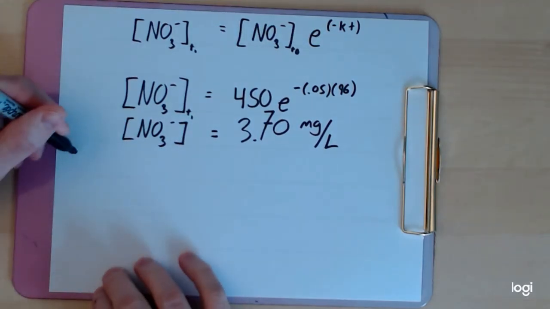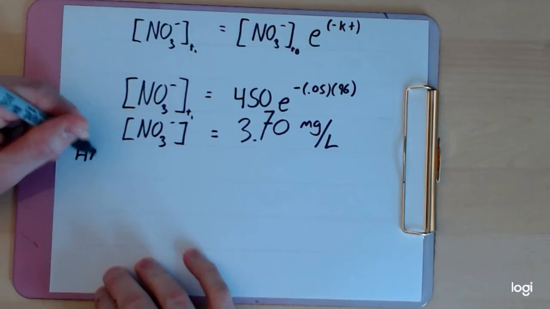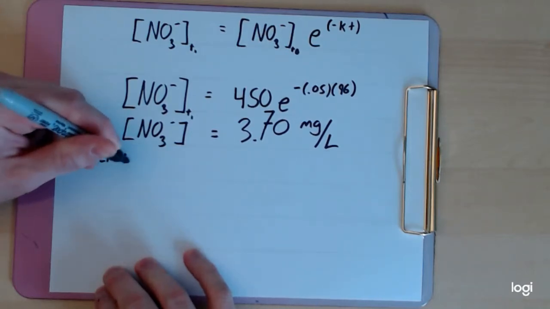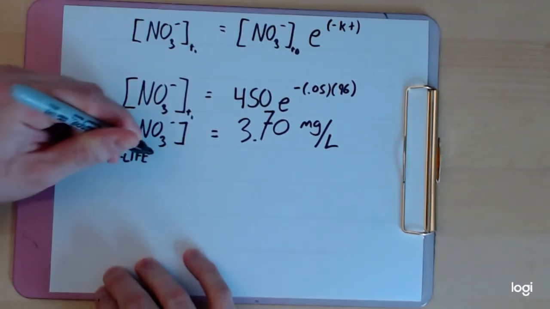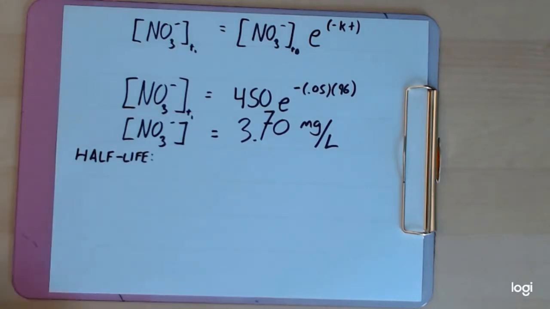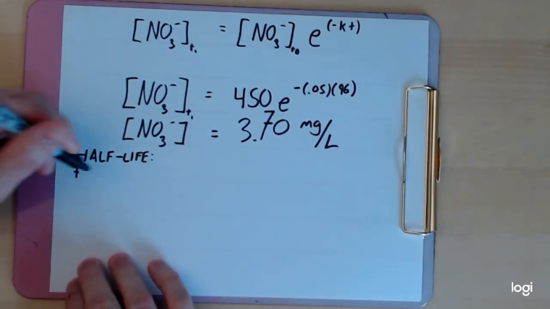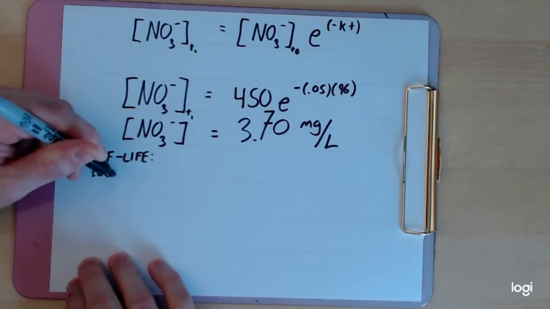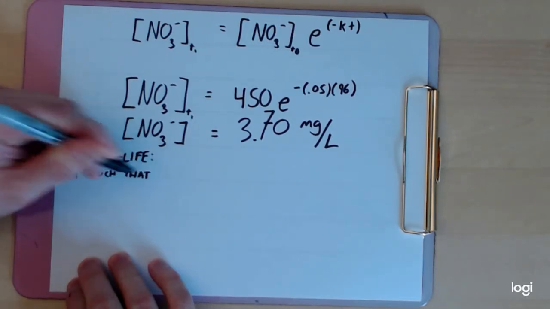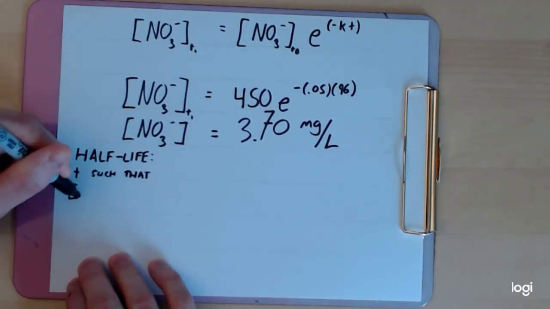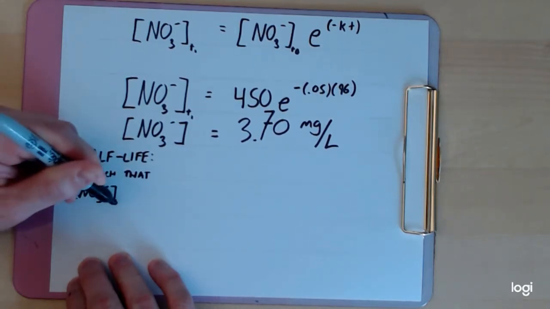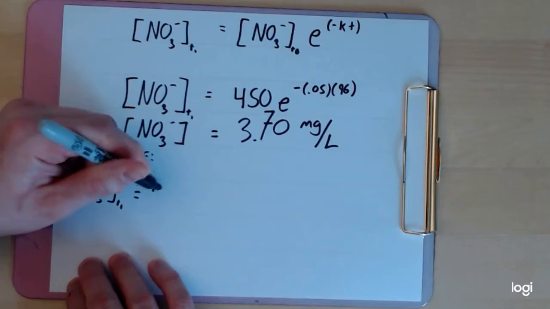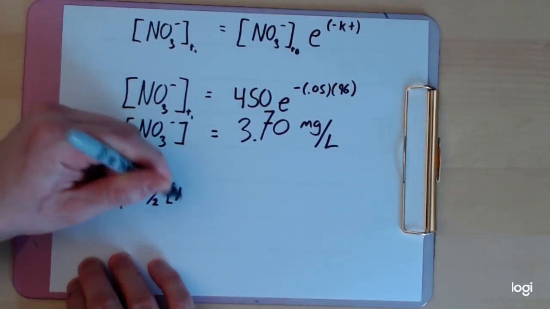So another useful thing that you can do with this is determine the half-life of a reaction. And the half-life is simply the time such that the concentration of, in our case, nitrate here, equals 1/2 the initial concentration.